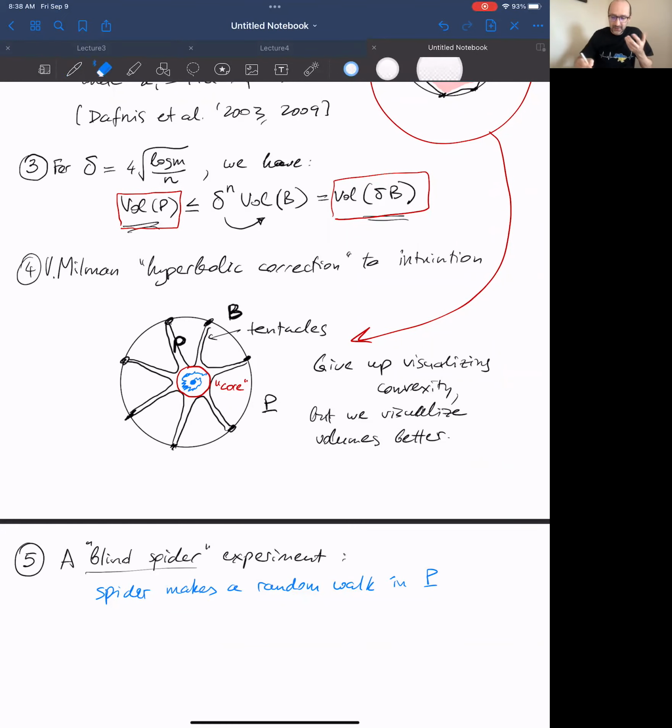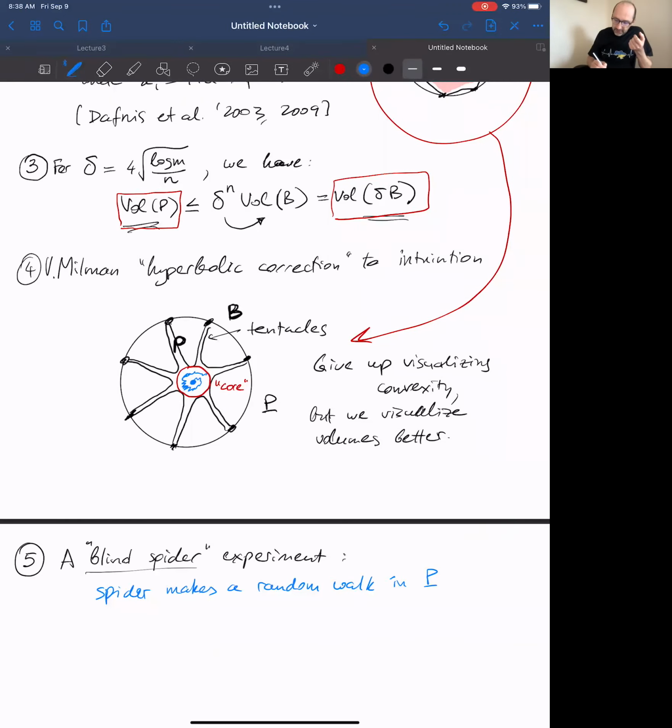What will happen is, well, most of the volume is where? Most of the volume is here in the core. And the tentacles have very little volume. So there is exponentially small probability that the spider will even find its way to the tentacles.